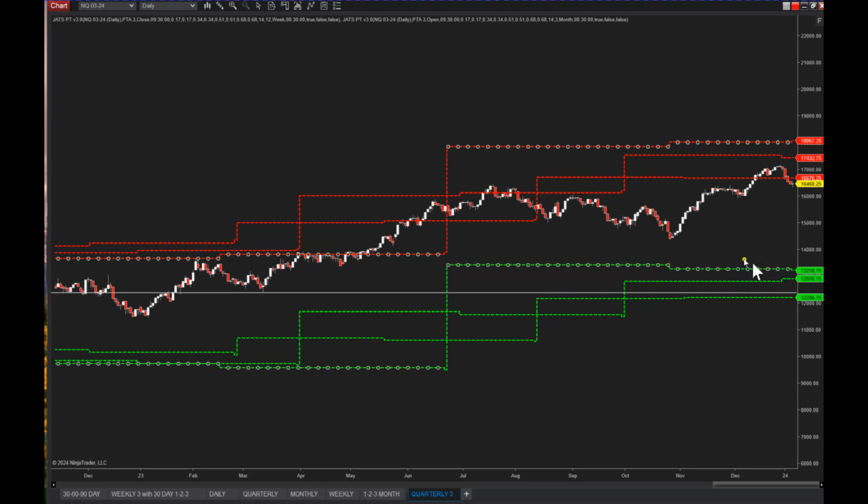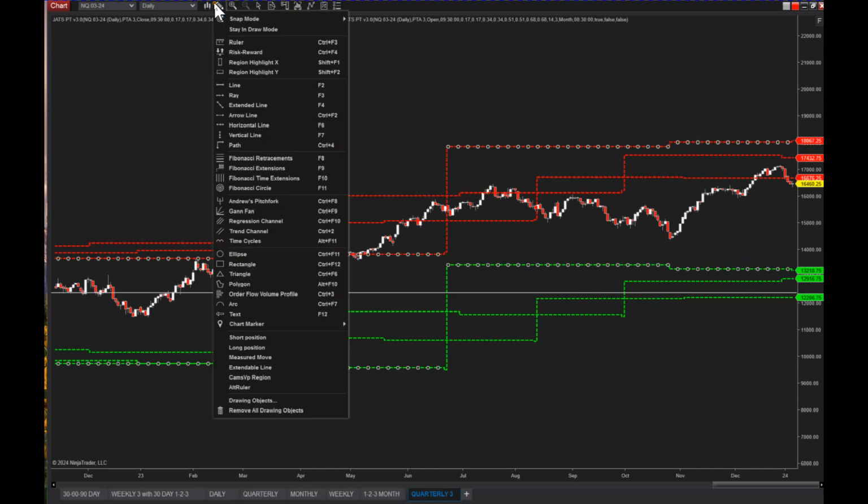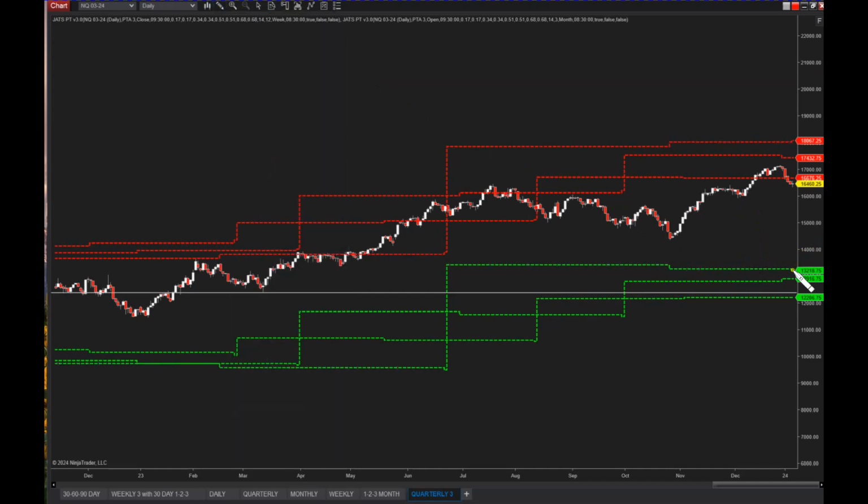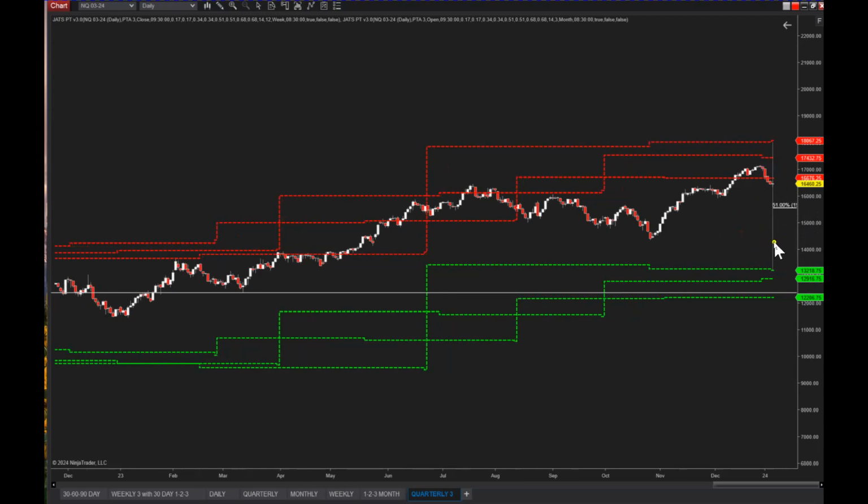So if you want to fib where the middle is, and see where the higher time frame might be trying to go, to go to the middle of these ranges, you can certainly do that.